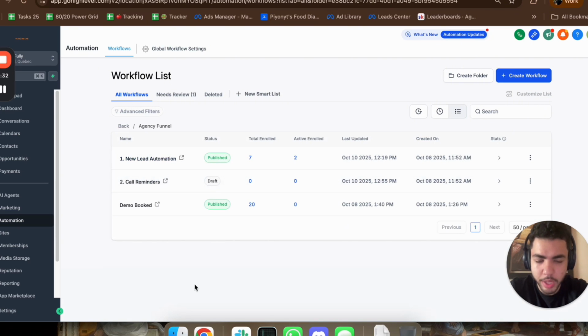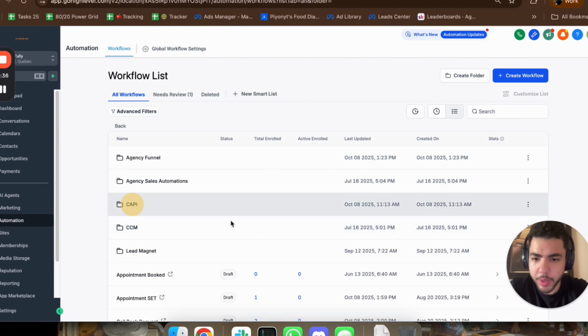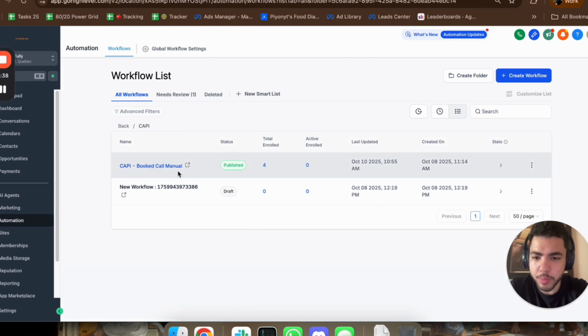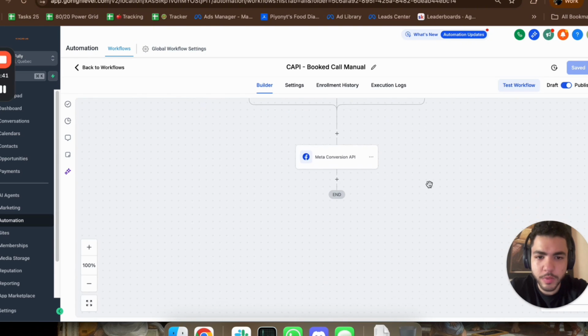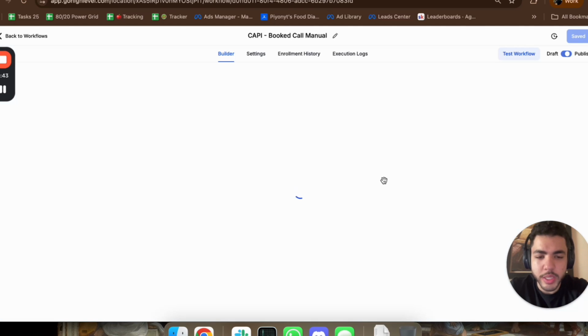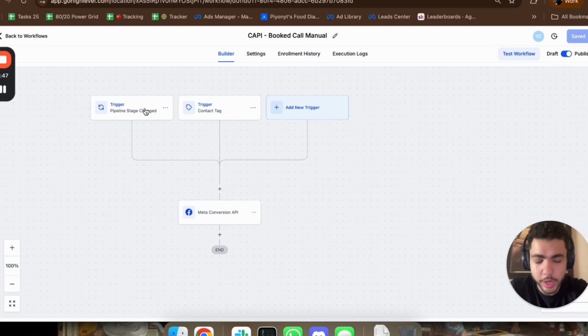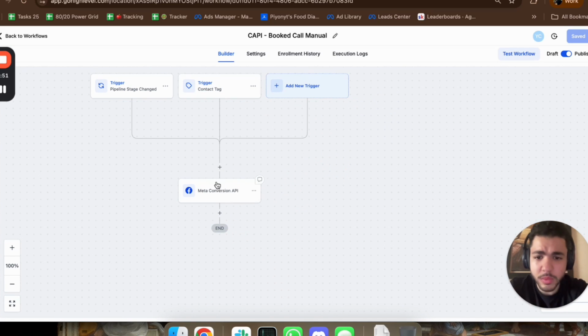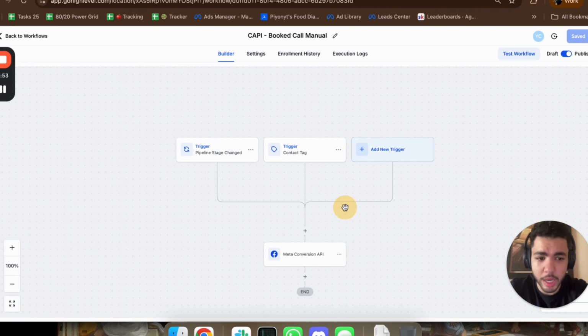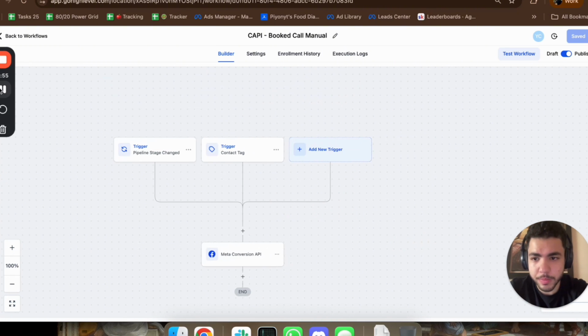Then you'll be able to manually condition the pixel. So if we go to Cappy and we go to book manual, it's very simple. When a tag is added, let's say qualified, or when the stage in the pipeline changes, then the Meta conversion API automatically updates. So that's good.